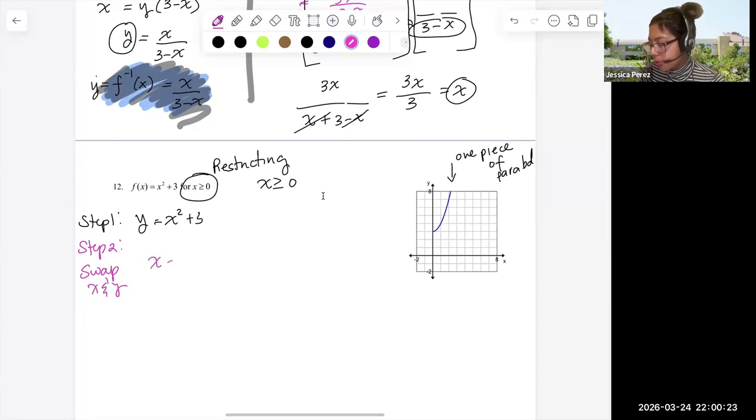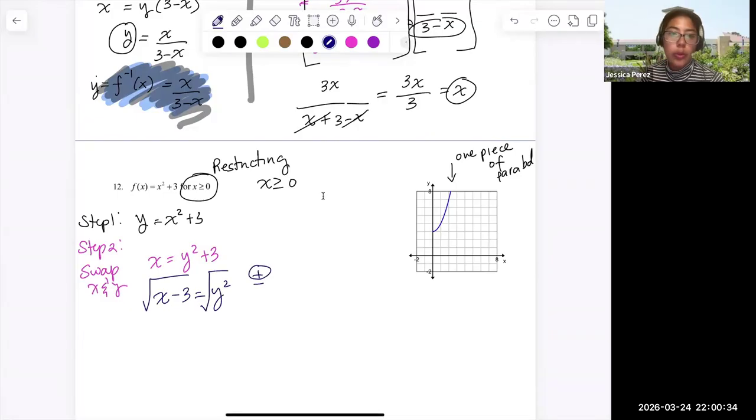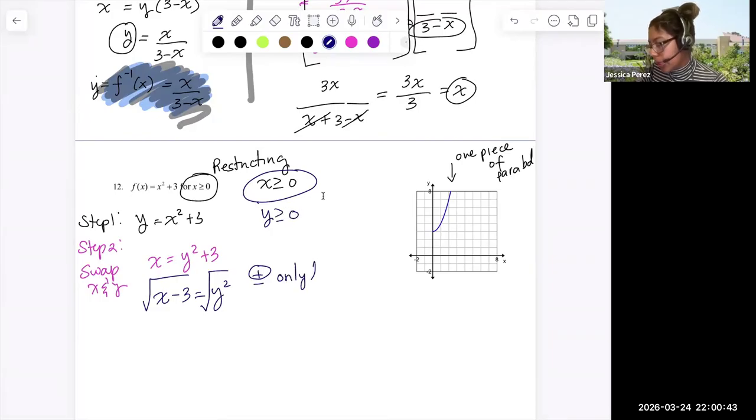Step 2, you swap x and y. So you get x is equal to y squared plus 3. And then you solve for y, so x minus 3 is equal to y squared. Now you take the square root of both sides, and you have the plus or minus. However, you're only going to look at the plus, because since x is greater than or equal to 0, then y is greater than or equal to 0. So I'm only looking at the positive, because I'm restricted. So y is going to be the square root of x minus 3, the positive version.